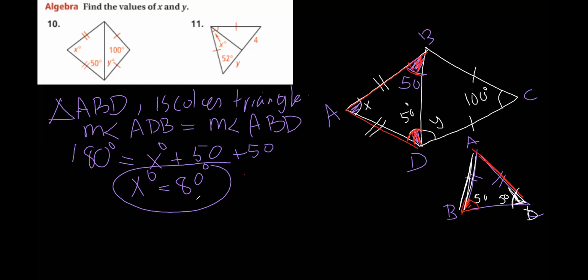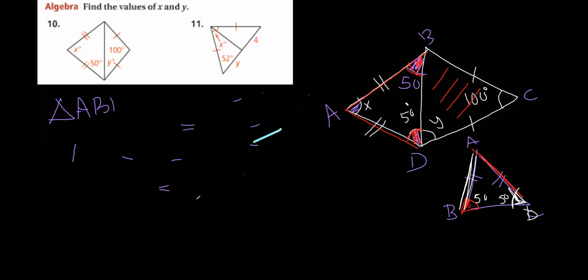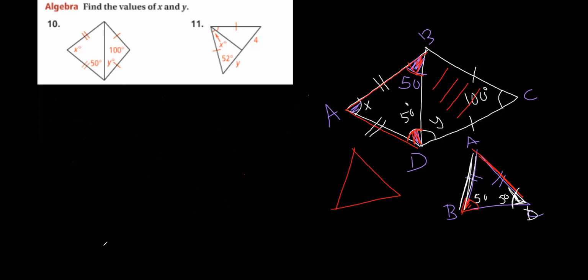Now the second thing, I want to find the measurement of angle Y. This is angle Y. Now, if you look at this triangle here, we have C, B, and D. The red one.